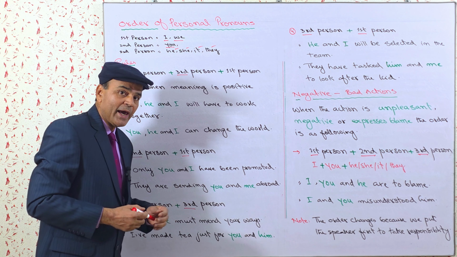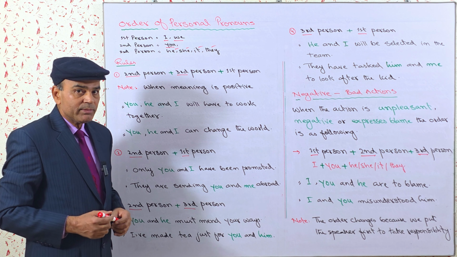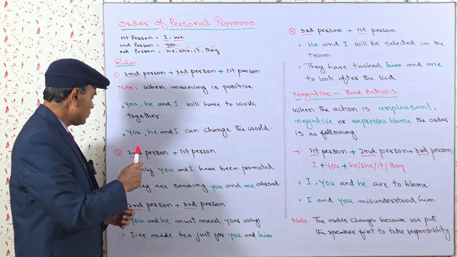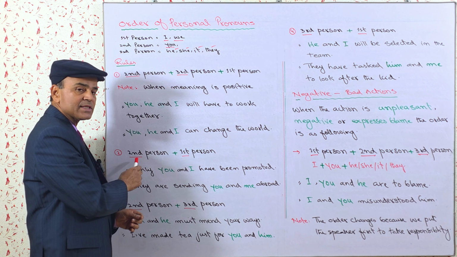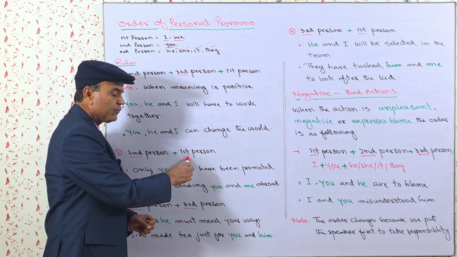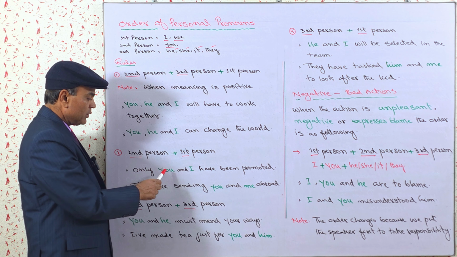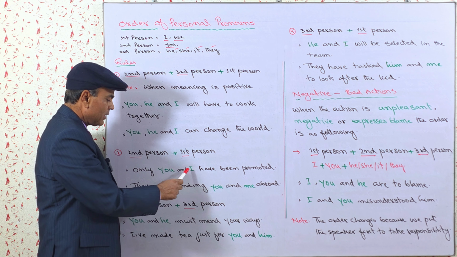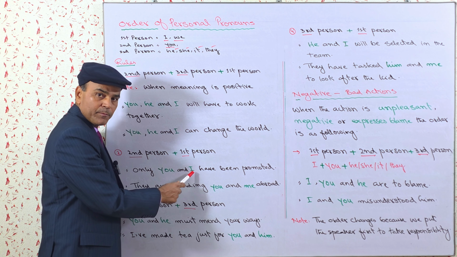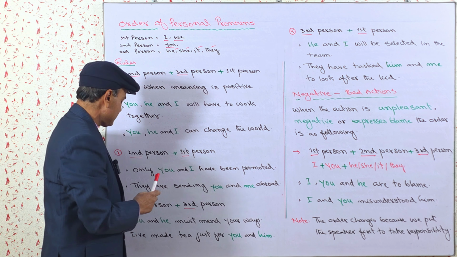But if you have second person and first person, what will be their order? So the rule number 2 is you will place second person first and then first person, as in: you and I, second person, first person, have been promoted.